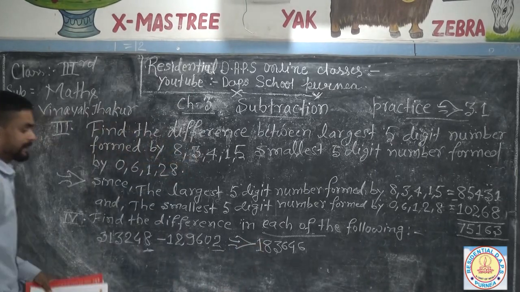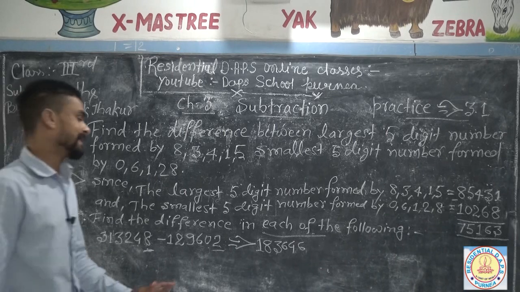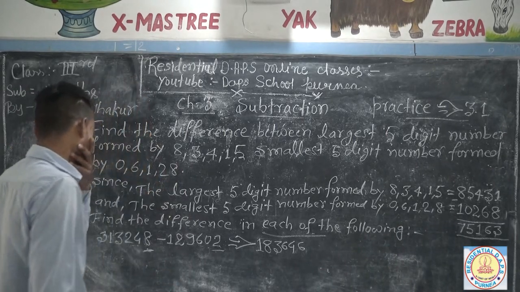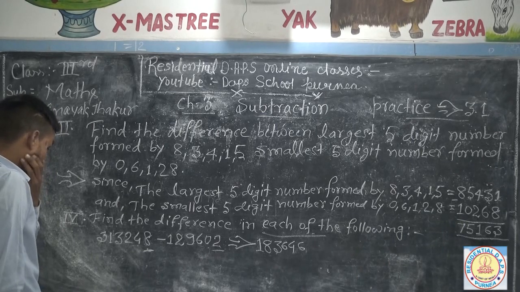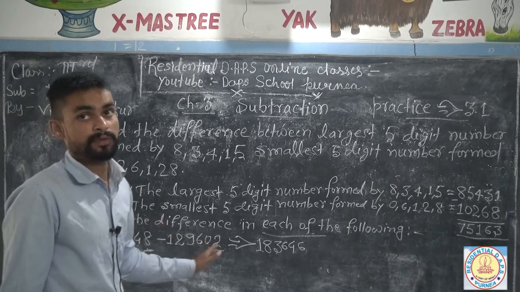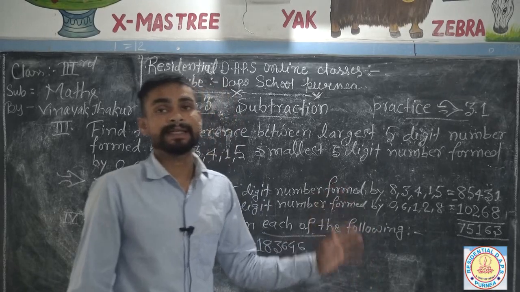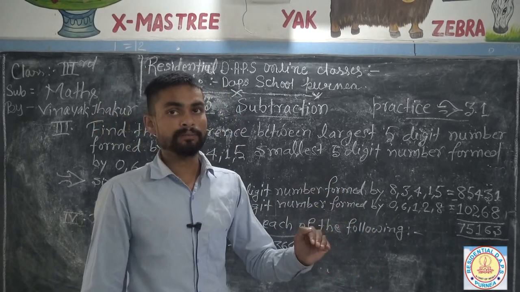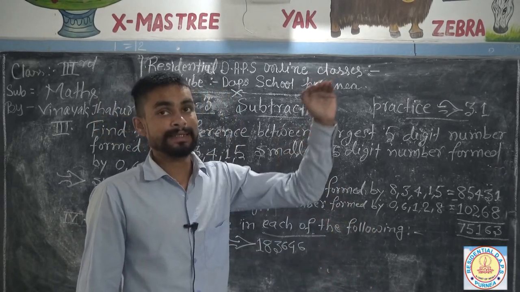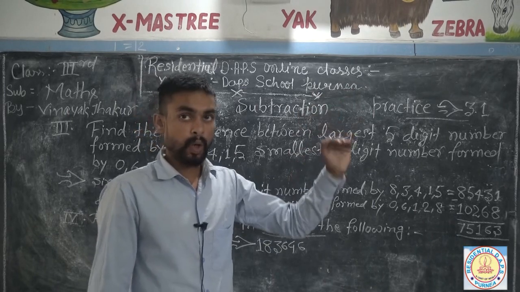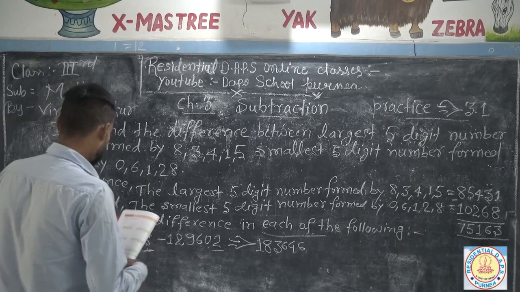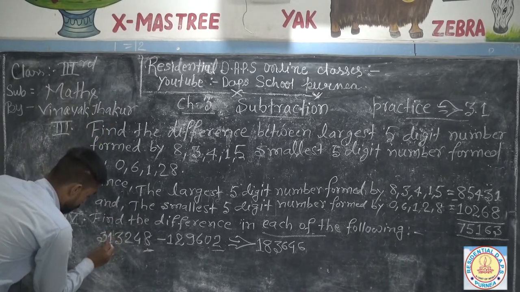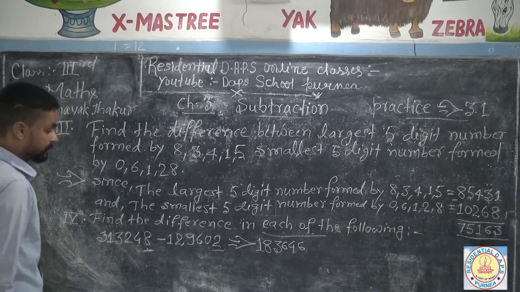So your answer is 1,83,646. This is your answer. So you need to subtract column by column, like ones from ones, tens from tens, or hundreds from hundreds. Then you can find out your answer.